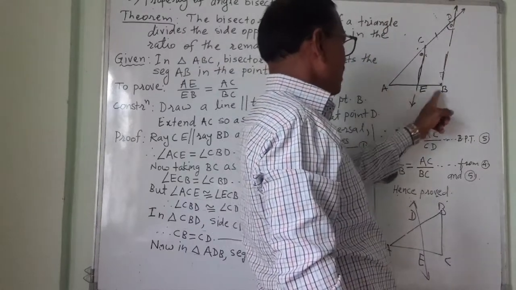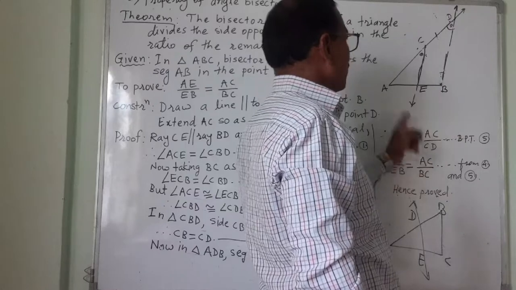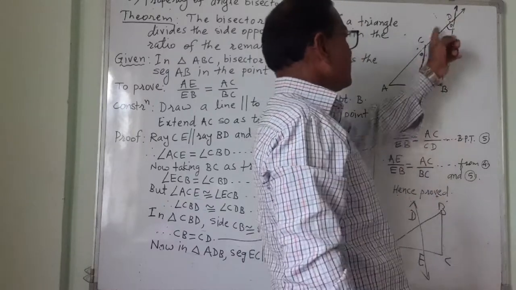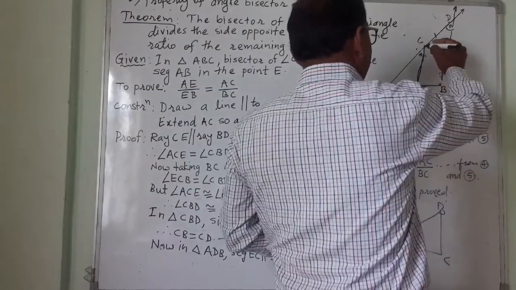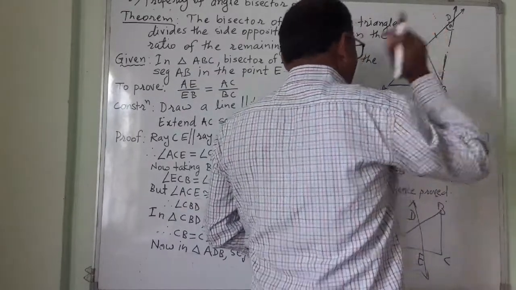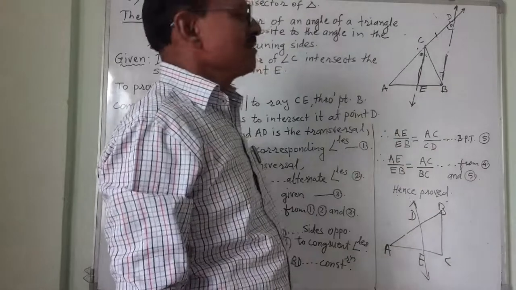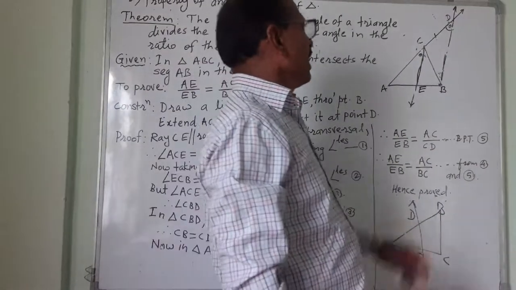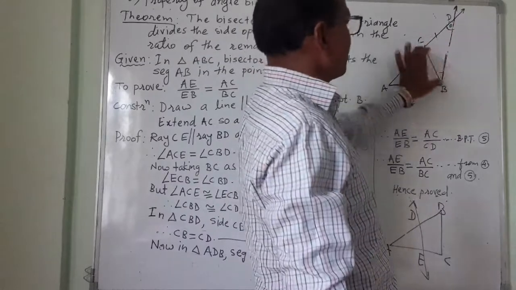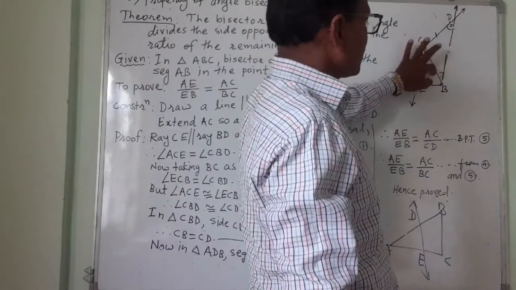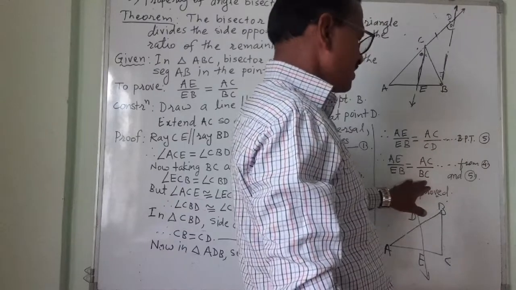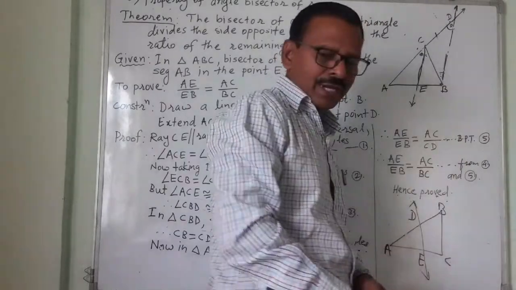AE upon EB is equal to AC upon CD. But this CD is not our side of the triangle. Our triangle is triangle ACB or ABC. In that I have to search. So I have the relation. This CD is nothing but BC because these two sides are equal. That's why I have written BC instead of CD. And this way it has been proved.